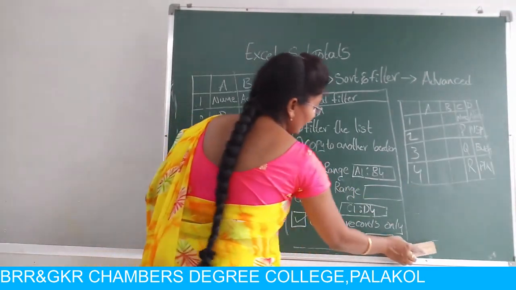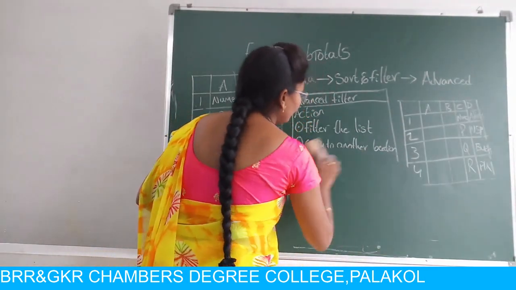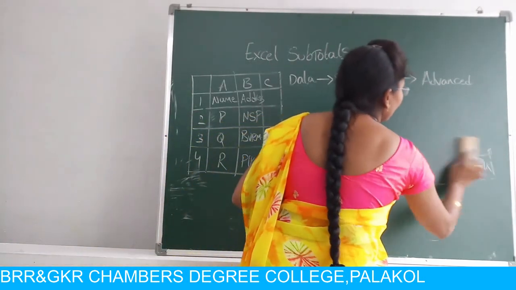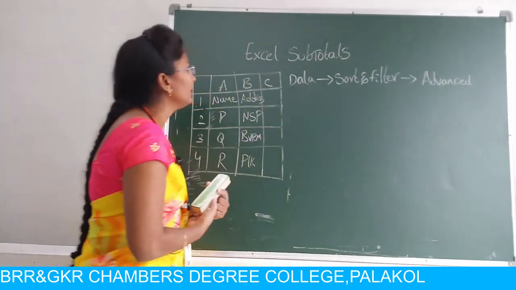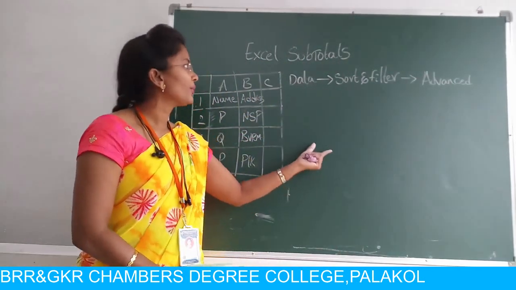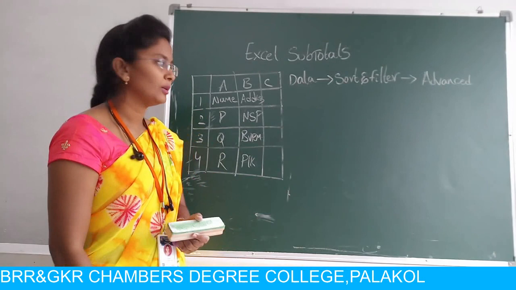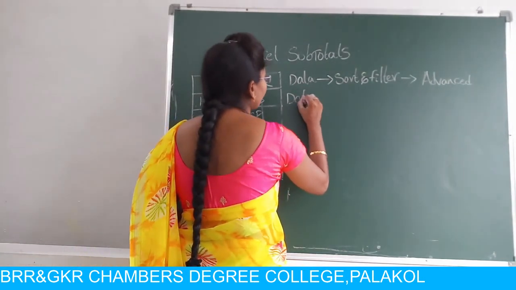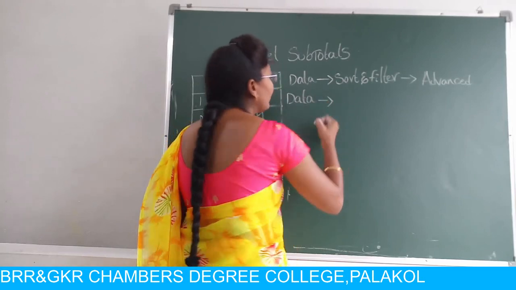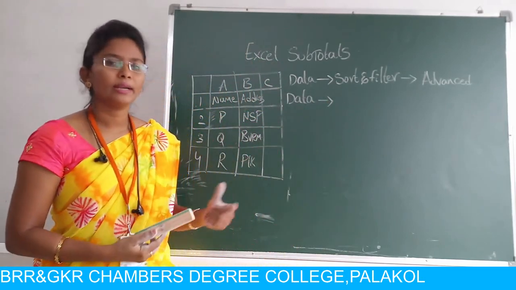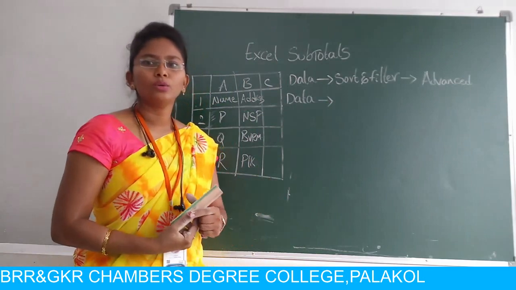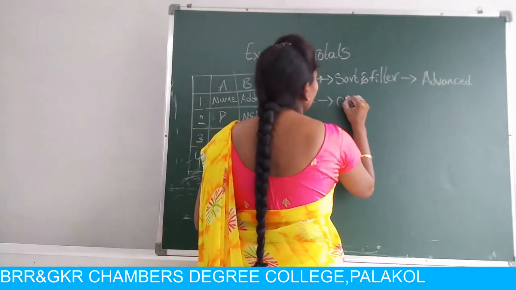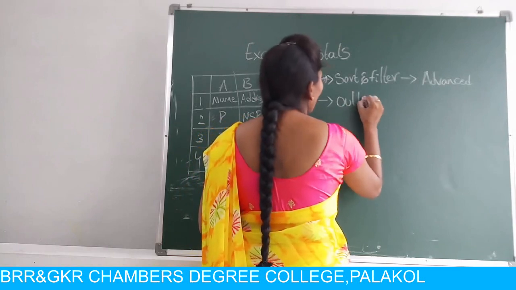And here the next topic is the Excel subtotal. How to open the Excel subtotal? That means click on Data. In this Data tab, you can see options like Sort and Filter, and also the option Outline.